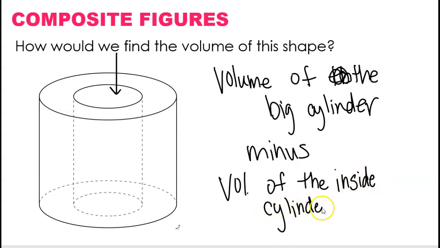Now, of course, we can't solve this problem because we don't have any measurements on here. But just try to visualize how you would find the volume of what's left. It's like you're taking the inside out, okay?